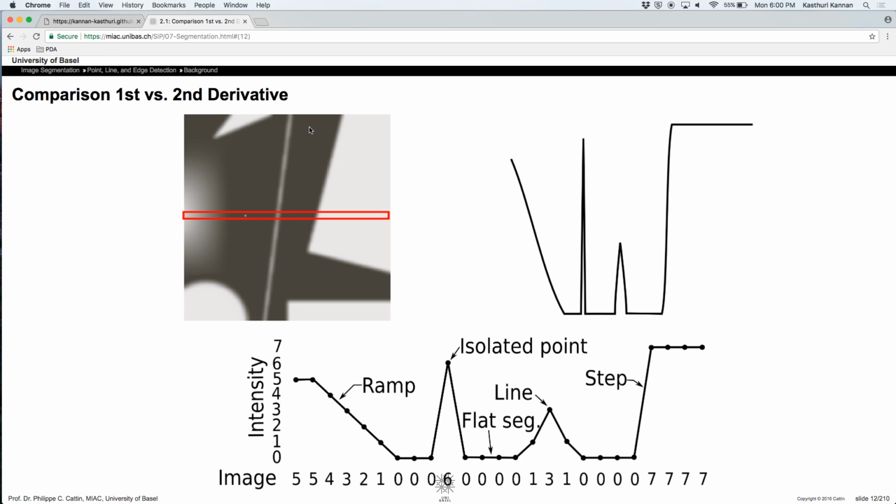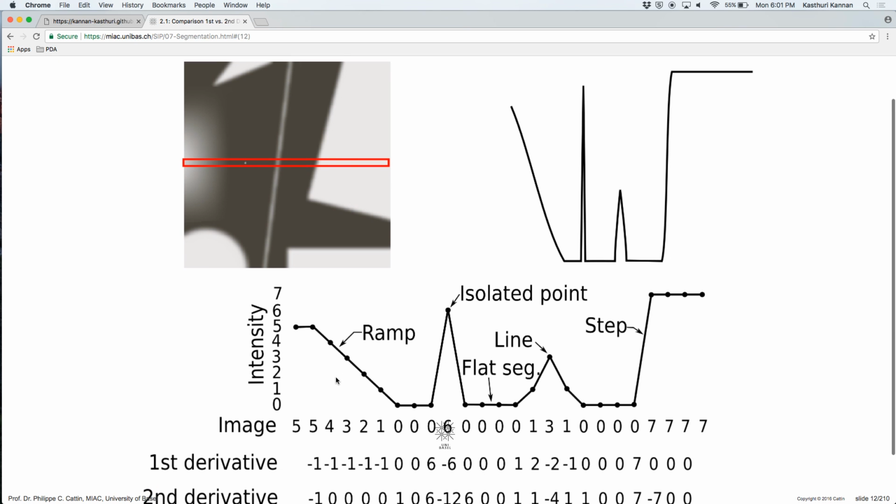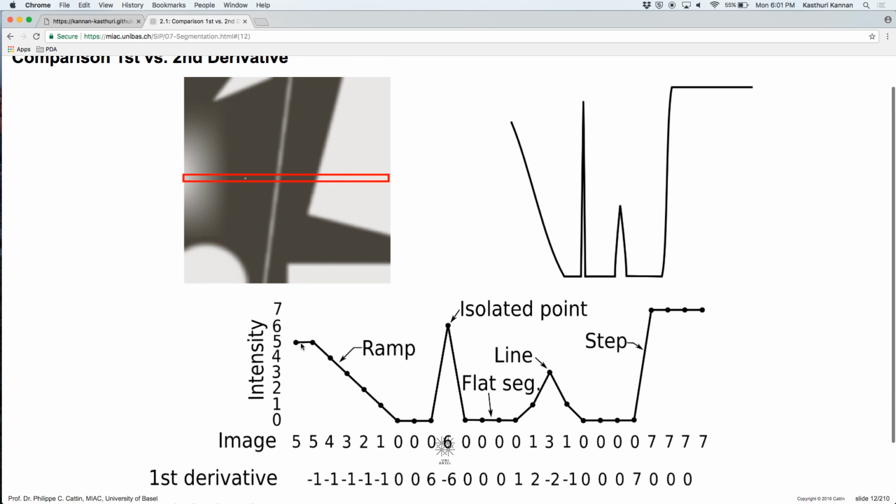Let's look at the points and edges. So you have an image here, and this part is very light, then there is a point here, and there is a dark region here, and you have an edge here. Again, it becomes dark and then light. If you look at these values, the intensity is high, then it goes down in this area, and for this isolated point the intensity becomes high again, just one point, and then goes down.